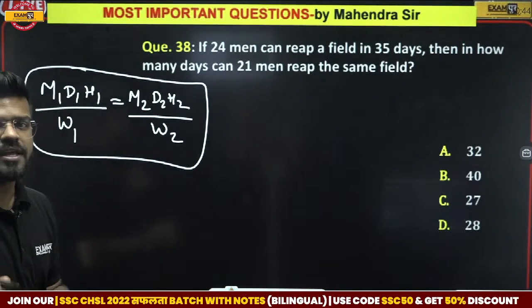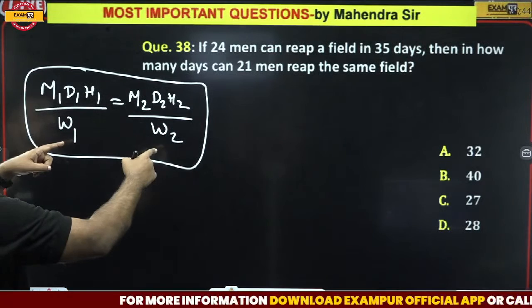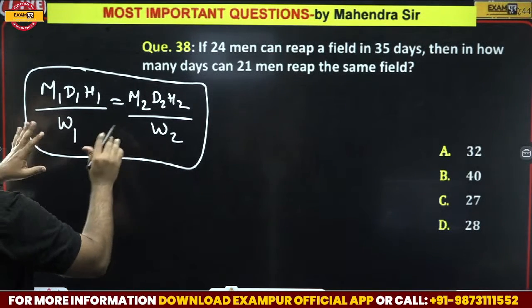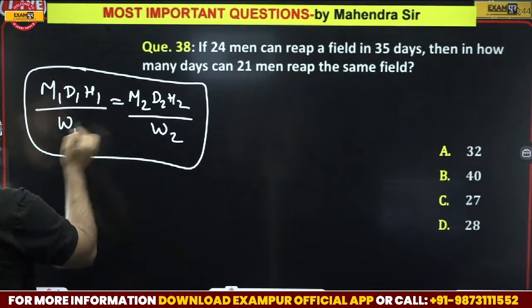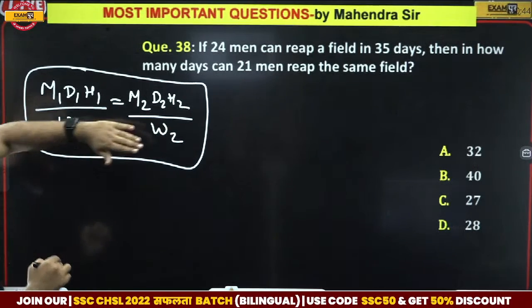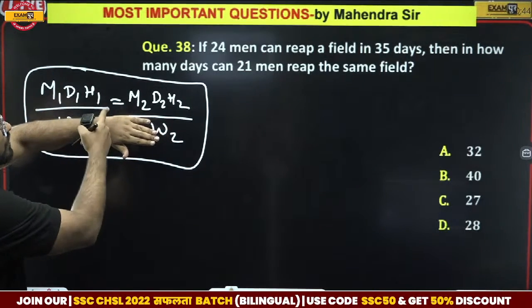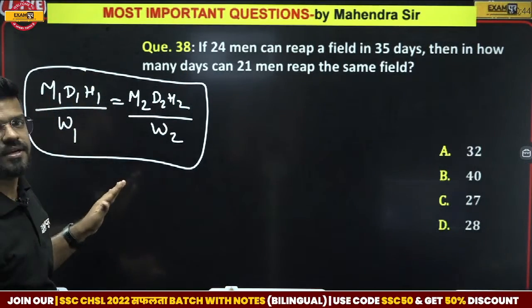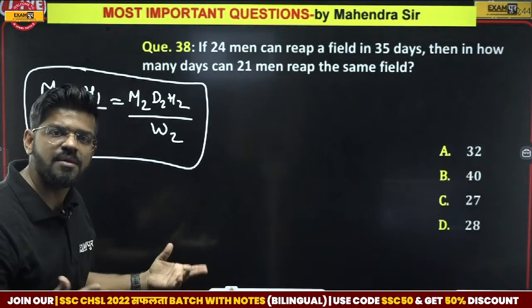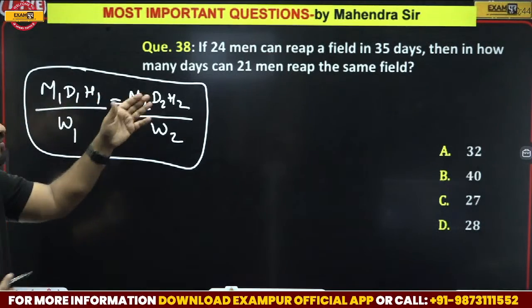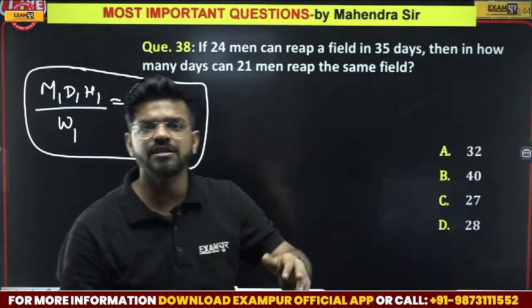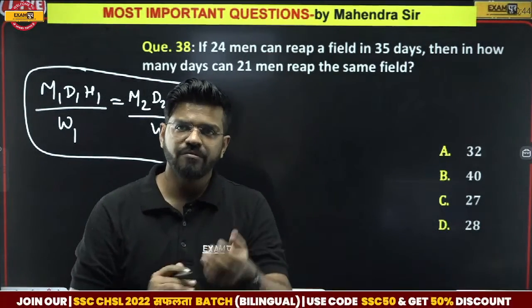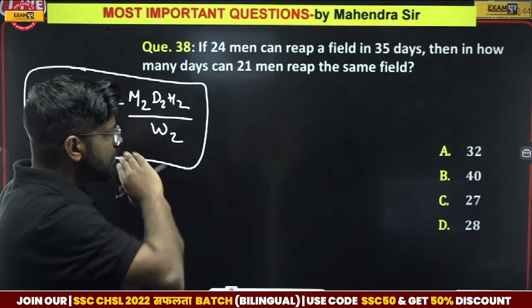If the work is the same, W gets cancelled out, so you just write M1 D1 H1 equals M2 D2 H2. If H is also not given in the question, then forget about H, because they work the same hours and H will be cancelled out. Then M1 D1 is equal to M2 D2. You have to remember these things.